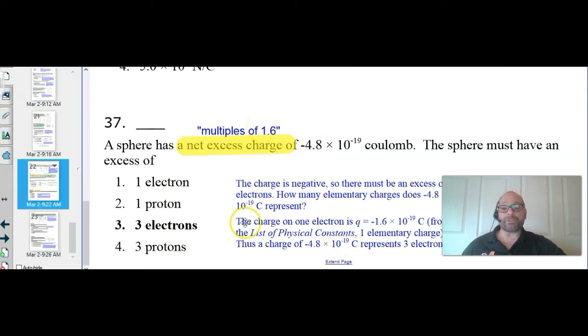So it represents 3 electrons. Each electron is 1.6 times 10 to the negative 19th coulomb. Multiply that by 3 and you get 4.8. The fact that the number here is negative implies that it must be an electron. If it was positive, it could be 3 protons, but the negative makes it 3 electrons. See? Very easy. Let's look at another one.